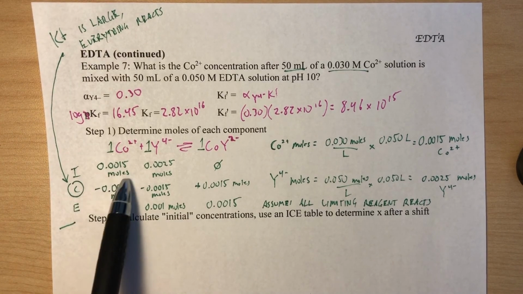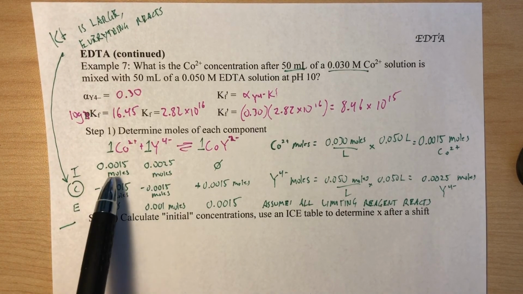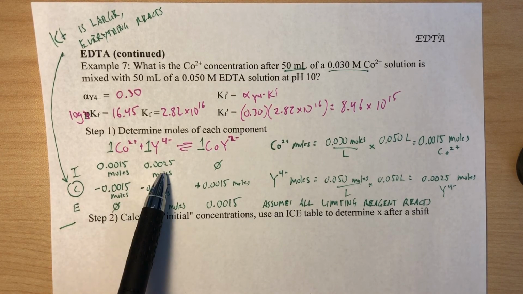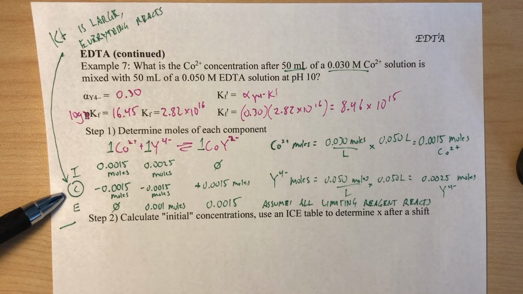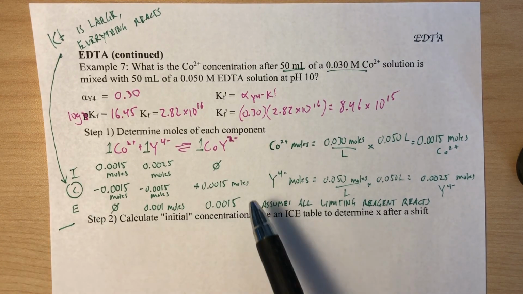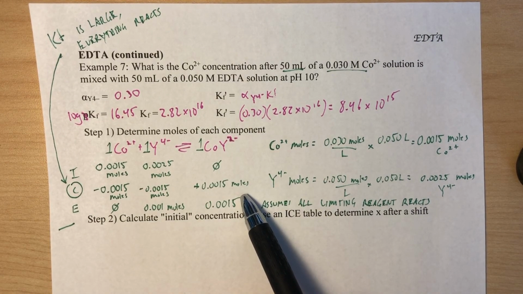In that situation here, we are limited by our amount of cobalt moles, so all of our cobalt moles react. We have more of EDTA because that's in excess. So our change is we subtract 0.0015 of each, and we produce 0.0015 moles of our complex.